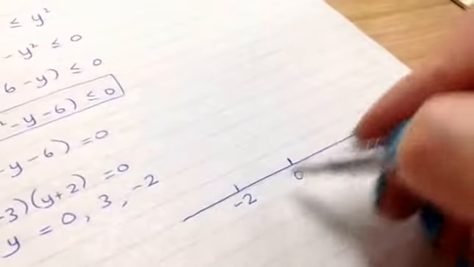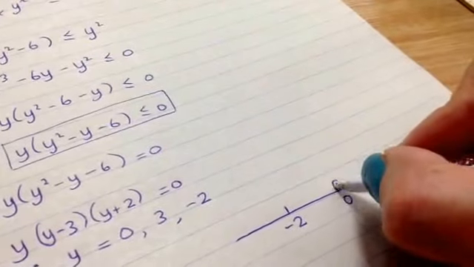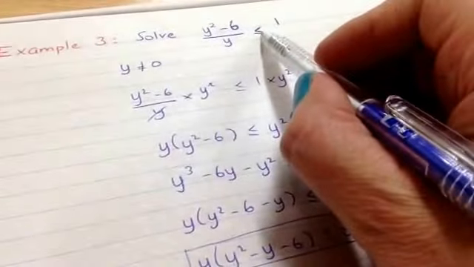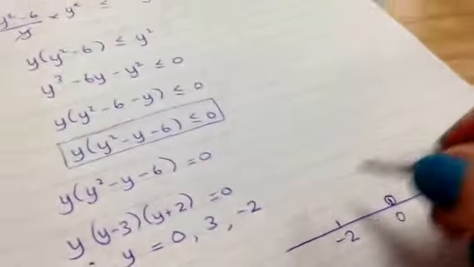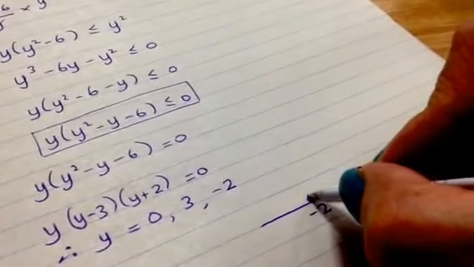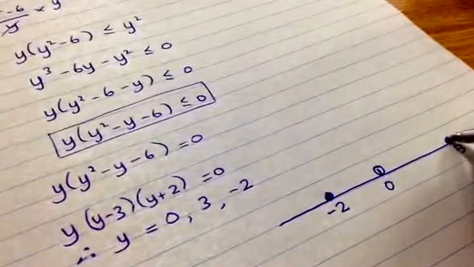Just check that that's correct. Now, we did say that y was not equal to 0, so we need to put an open circle on the 0. And we do have a less than or equal to sign, so the other 2 points are going to be filled in. They have to be included.